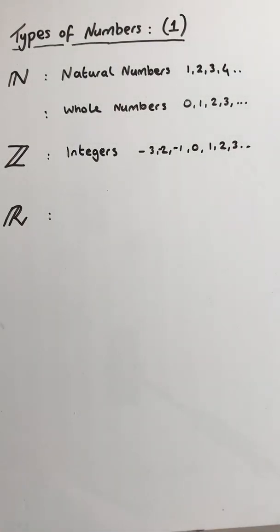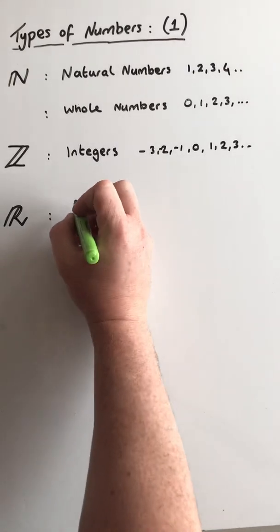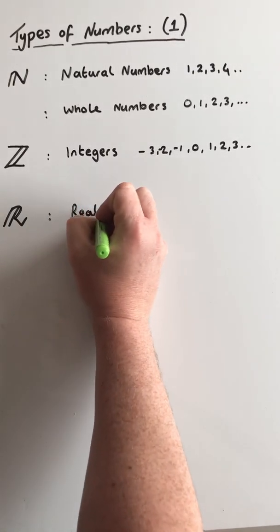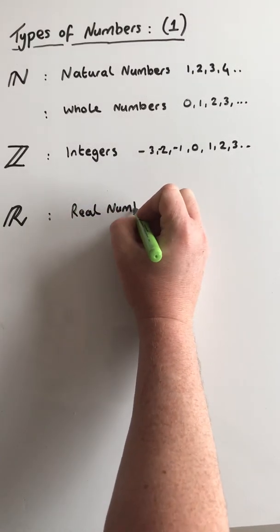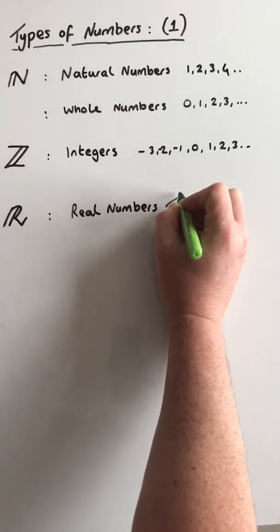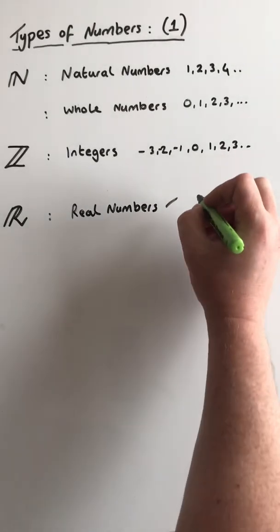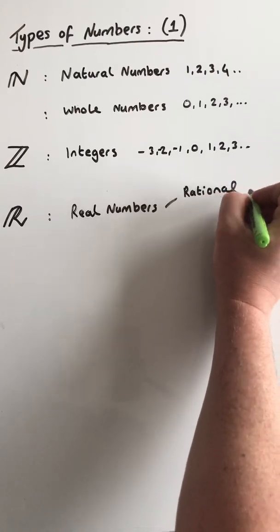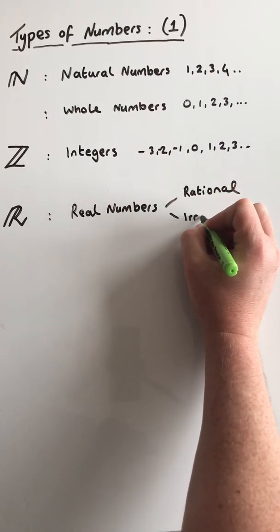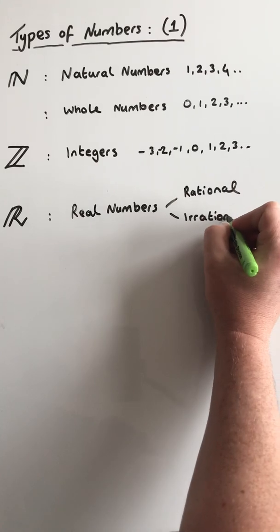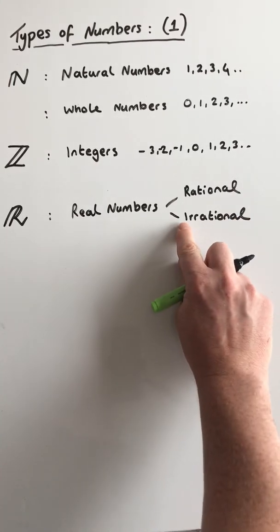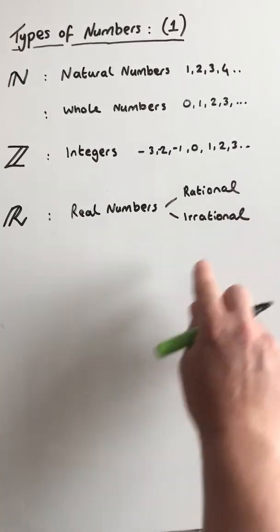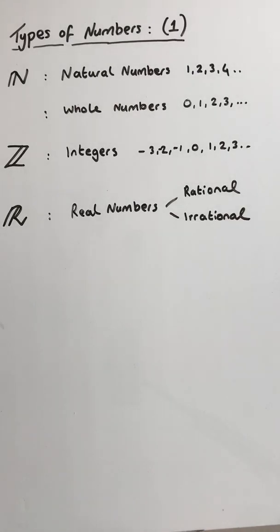Now the real numbers actually has two types of numbers inclusive in it. You have rational numbers and irrational numbers. Now as you go through your schooling, you'll come across irrational numbers.